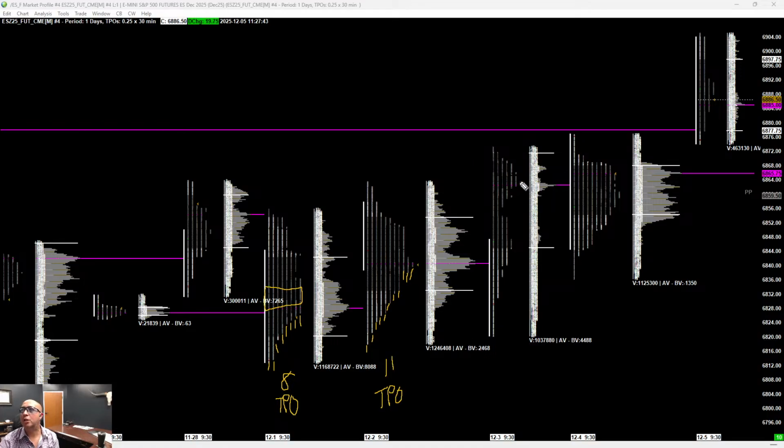What do you see on this one? Where's the widest part? 1, 2, 3, 4, 5, 6. 6 wide. What do you see on this one? 11 TPOs. What do you see on this one?